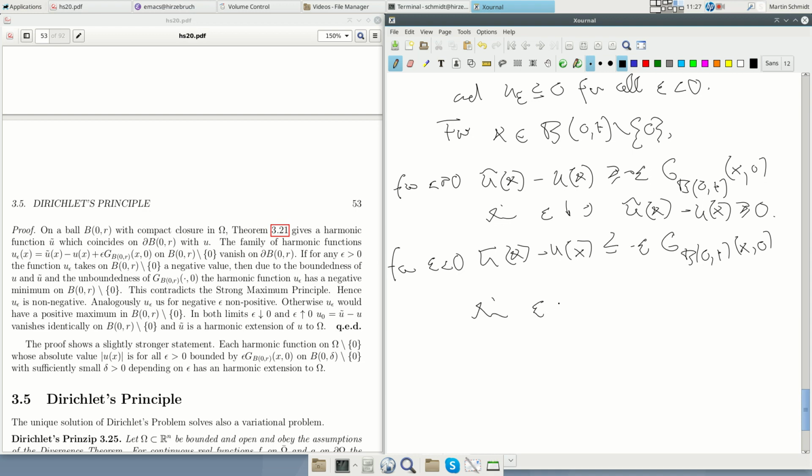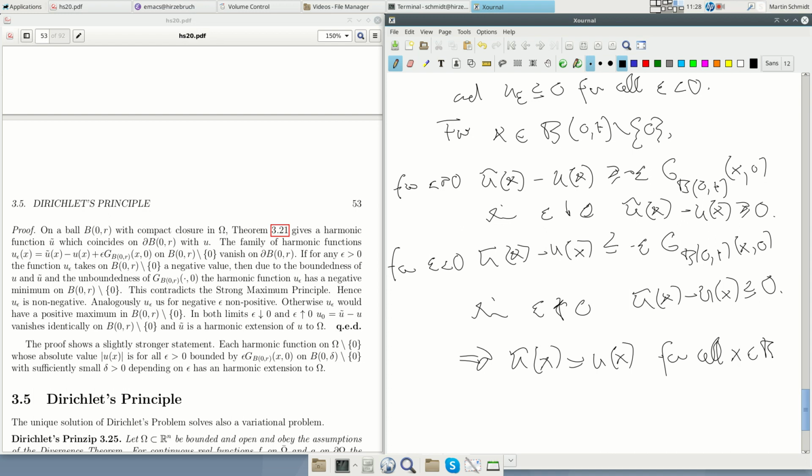Again the limit epsilon, but now from below going to 0, we have minus u of x is smaller or equal. So this implies u tilde of x is equal to u of x for all x in the ball B(0,1) without 0. And this proves the claim.